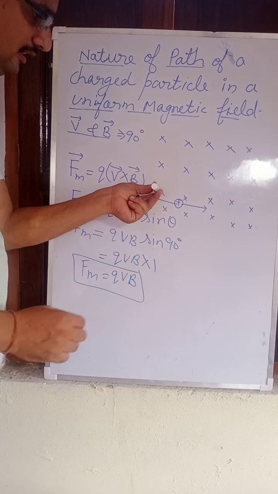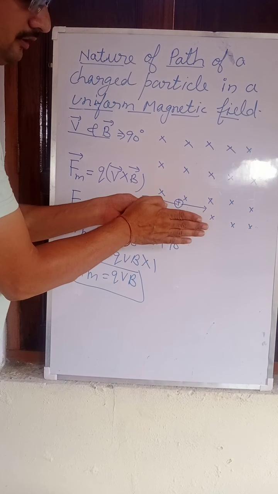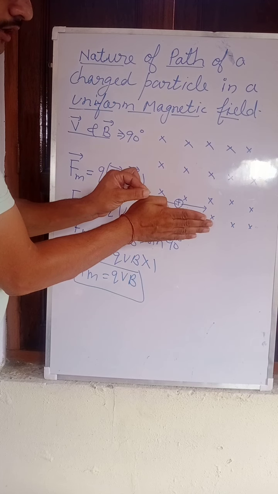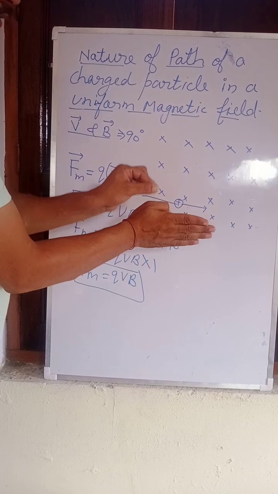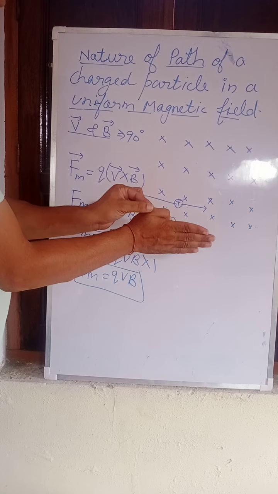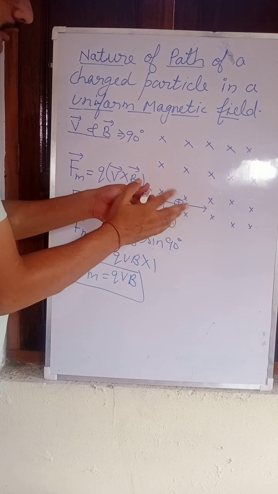Magnetic field is like this, velocity of the particle is like this, therefore the force on this charged particle will be perpendicular to both these quantities, velocity and magnetic field.